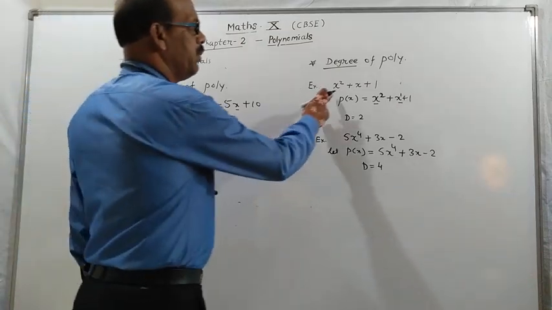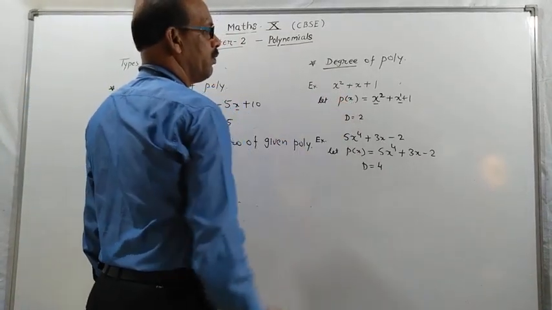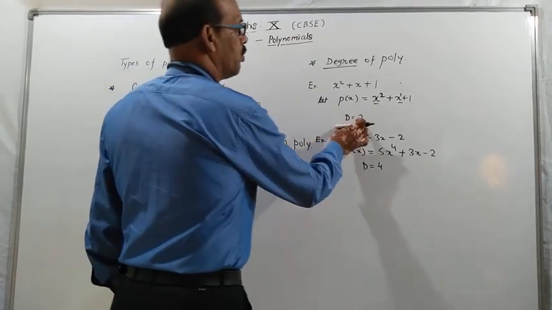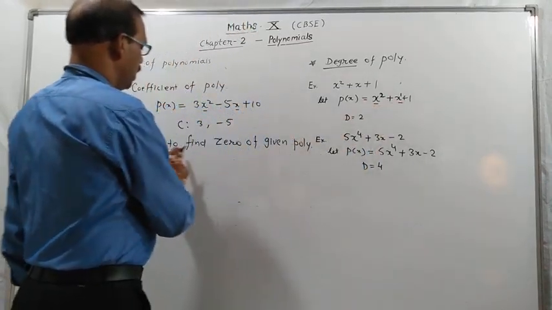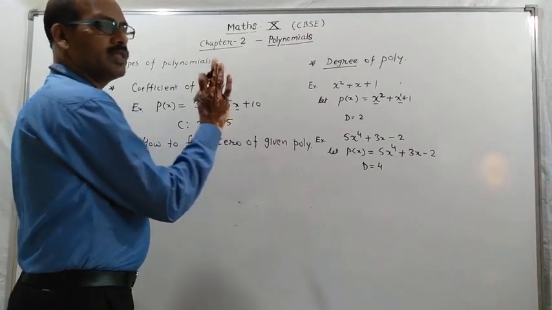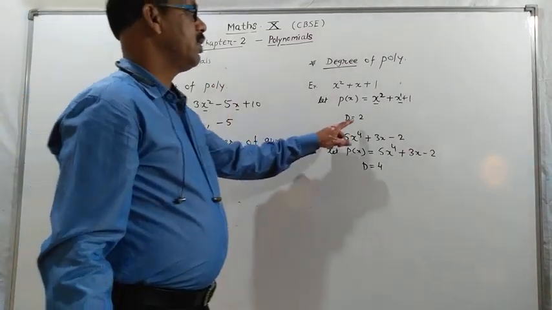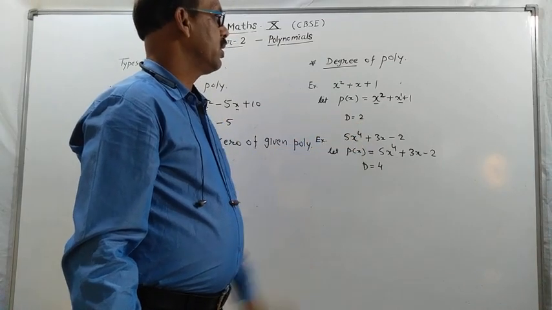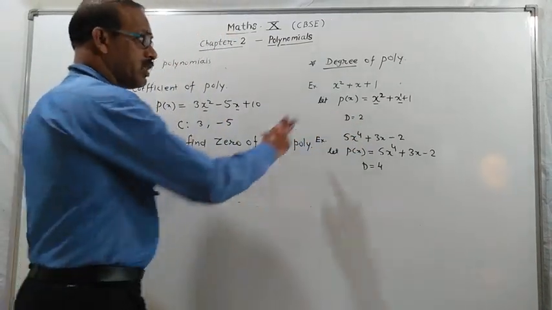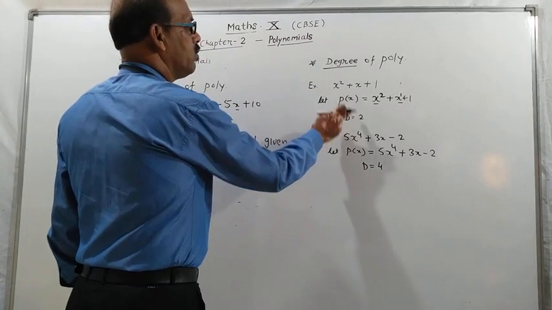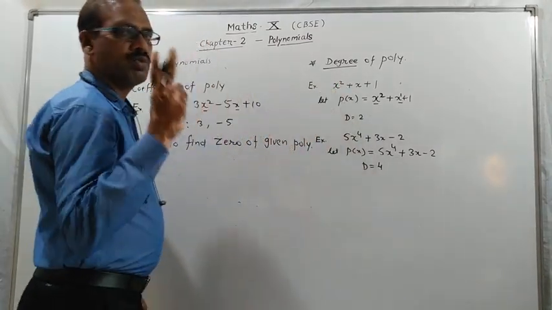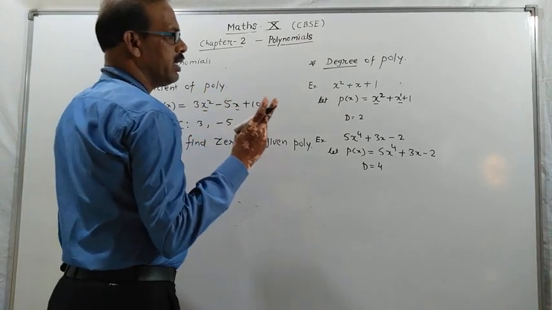For any polynomial represented by p of x, the number of zeros of such a polynomial can be found out using its degree. So if it is a quadratic polynomial having degree 2, the number of zeros for such a polynomial is 2.